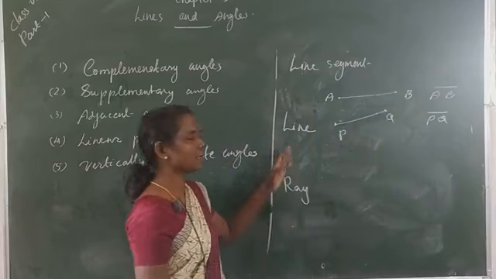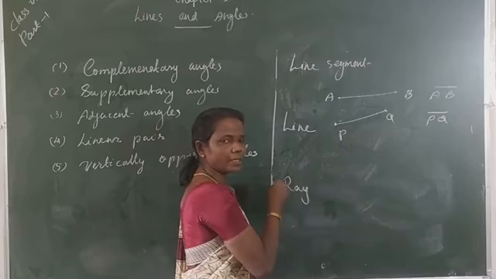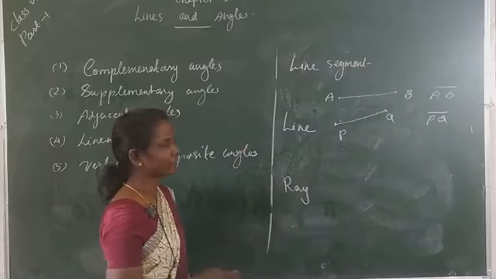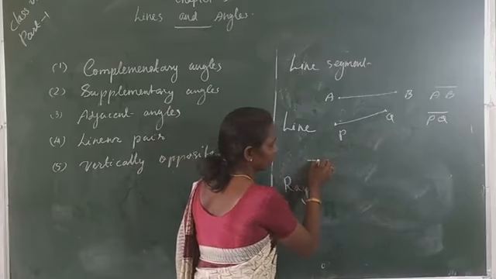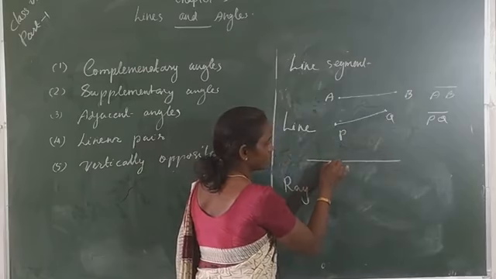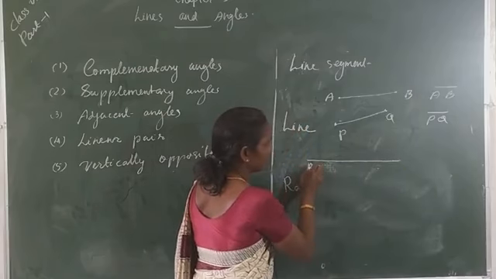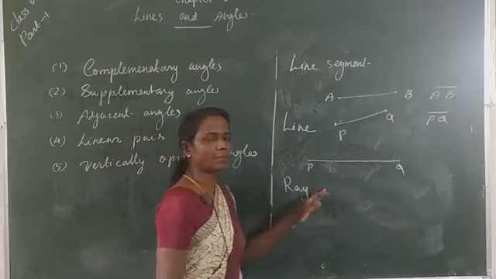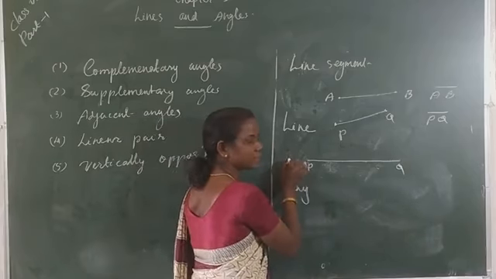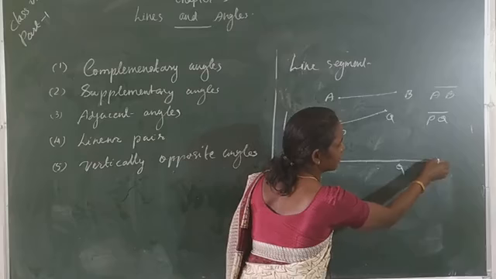The next, line. A line segment extended endlessly in both directions is a line.